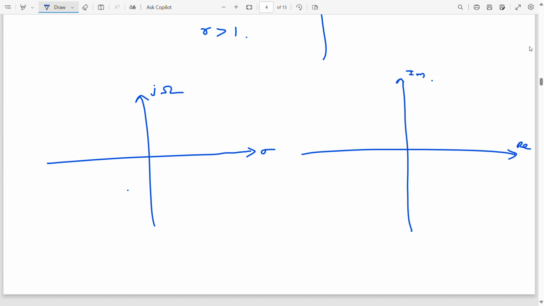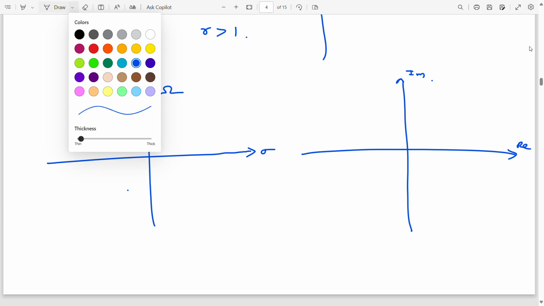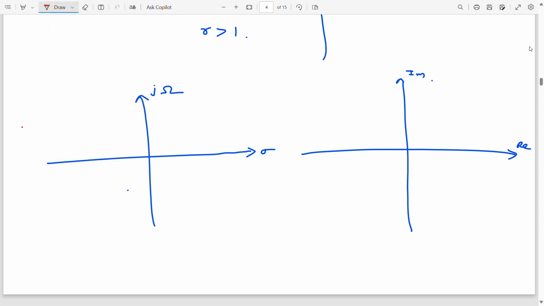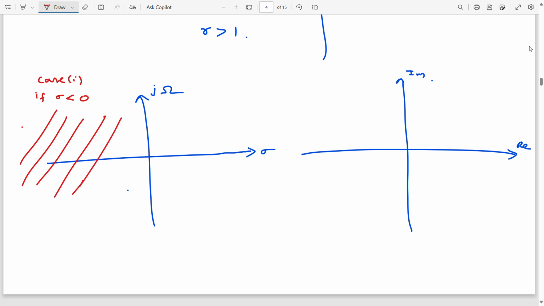So if sigma is negative, that is sigma is less than 0, case 1, the poles are located on the left part of the S plane.